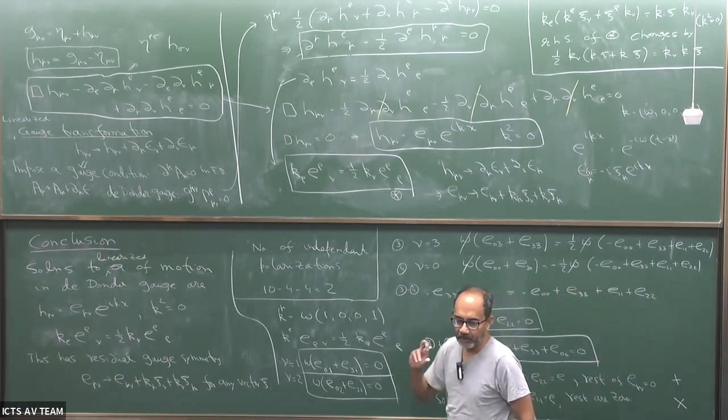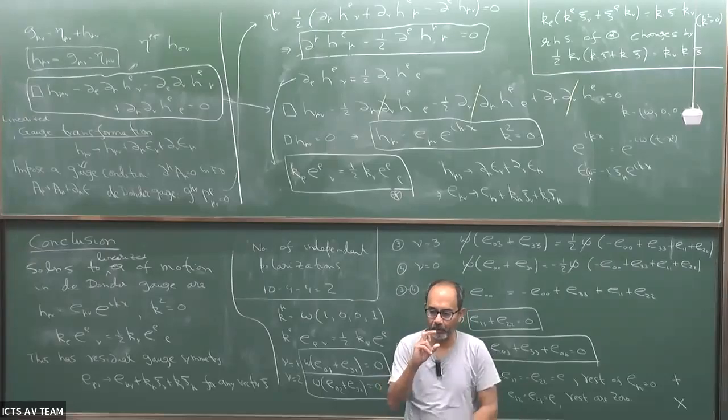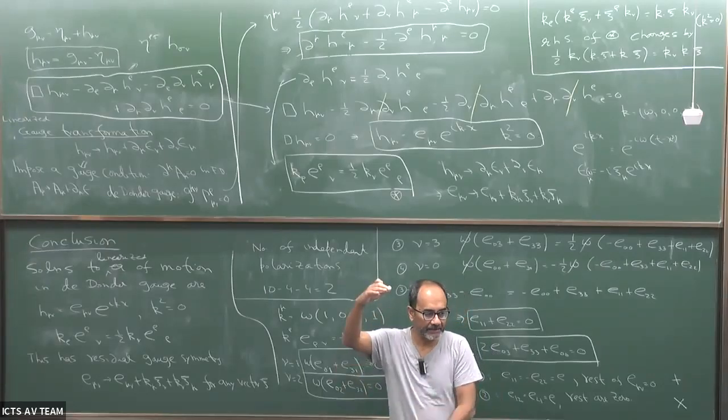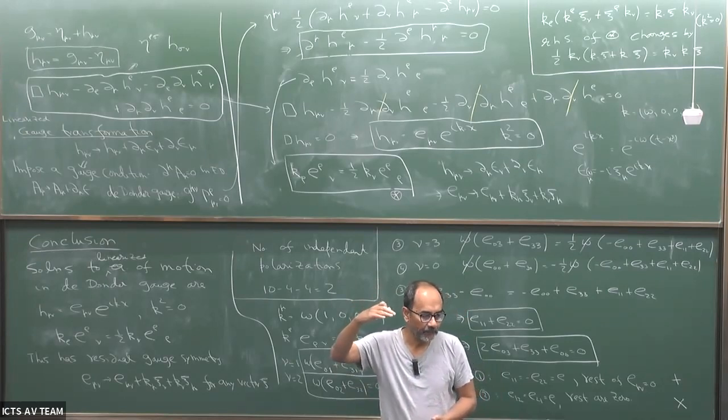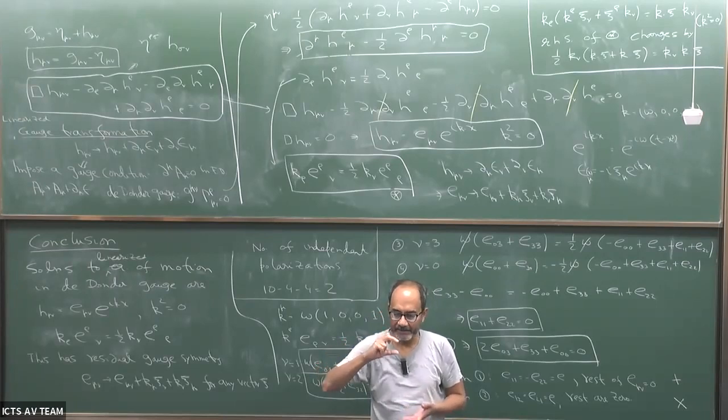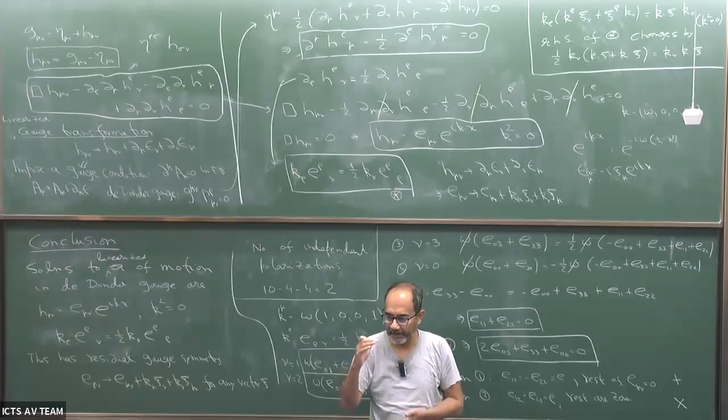H11 positive means what? That it adds to eta 11, which is 1. So that means the effective distances get stretched. They become bigger because you are measuring the distance by the metric, which is eta 11 plus H11. So when H11 is positive, effectively the 1 component of the metric becomes bigger, so you'll see the bigger distance. Okay?